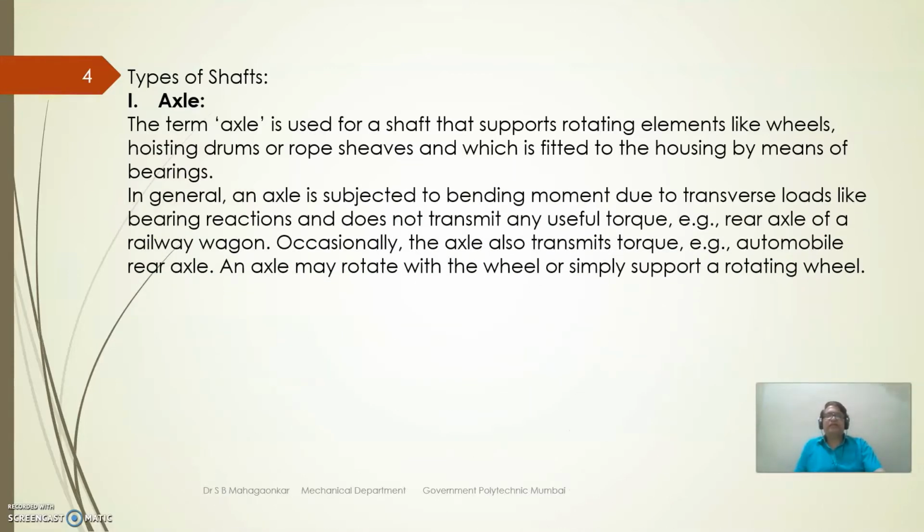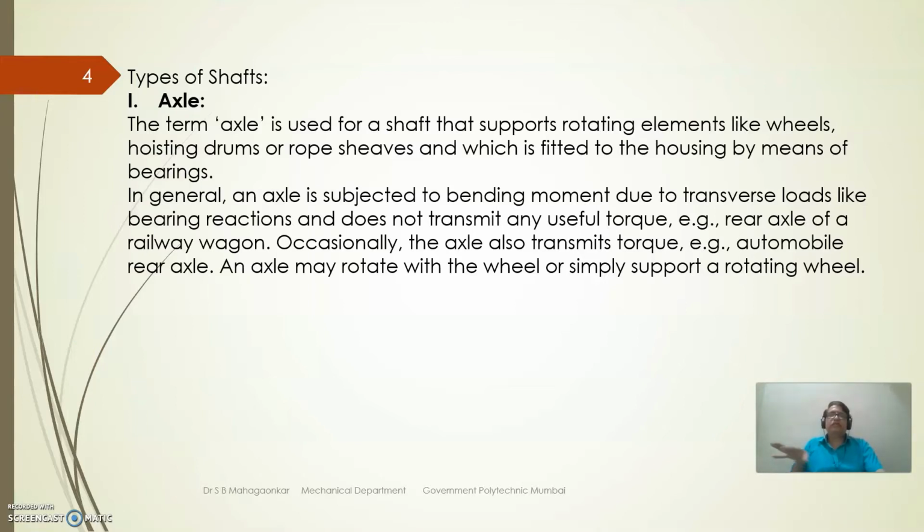In the examination or in an interview, they may ask what the difference is between the axle and the shaft. In general, an axle is subjected to bending moment due to transverse loads like bearing reactions, and it does not transfer any useful torque.